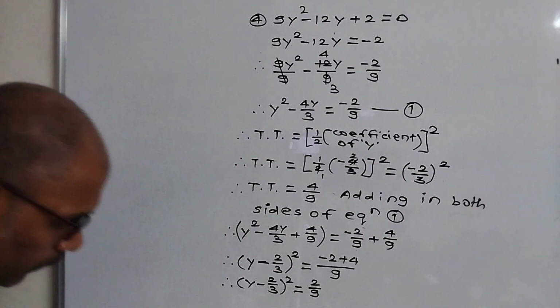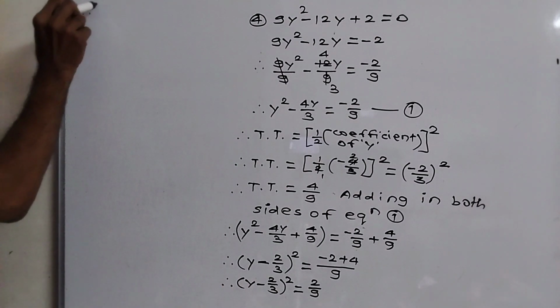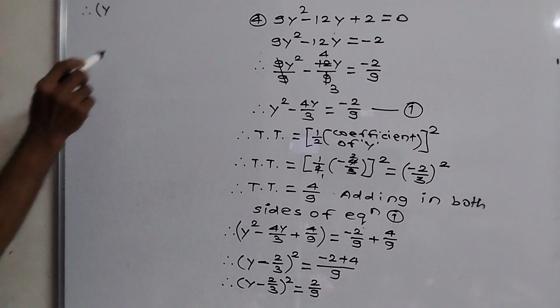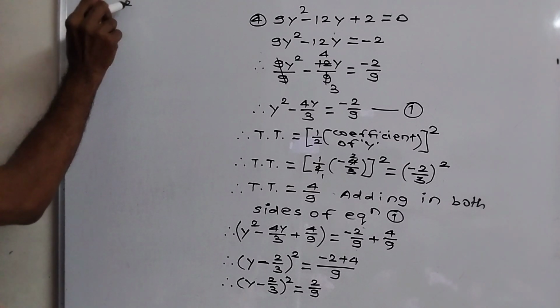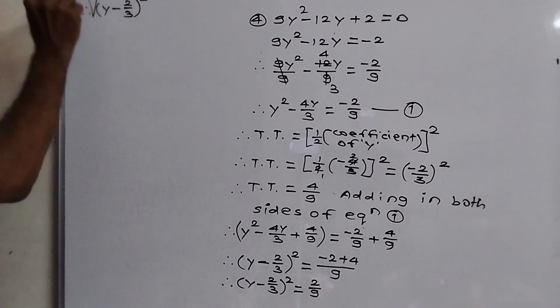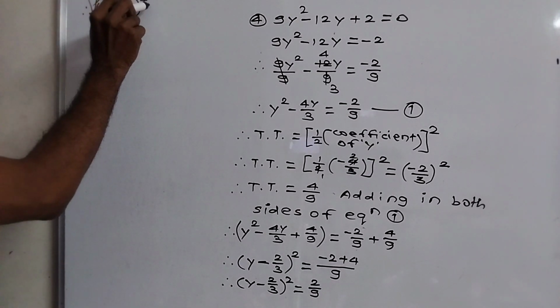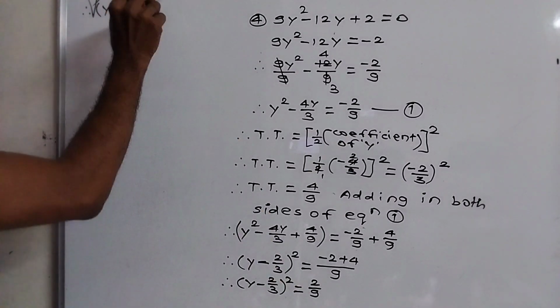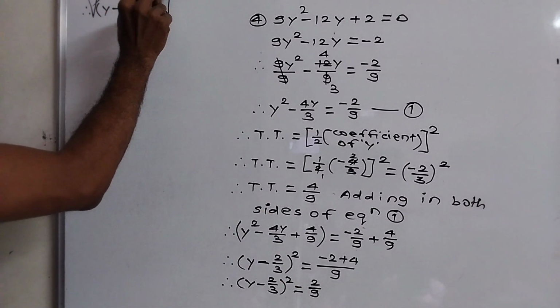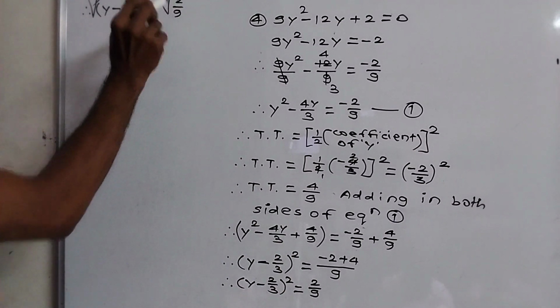Now we take square roots of both sides. Therefore, see here, y minus 2 upon 3 bracket square, we take square root. Therefore square and square root cancelled. And on the right side also we take square root, square root of 2 upon 9.